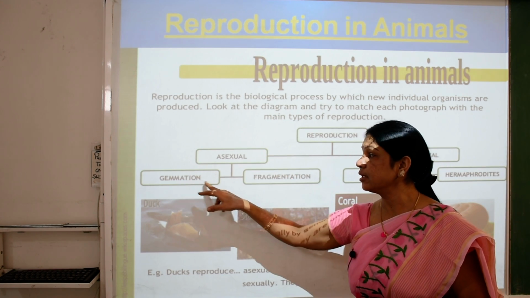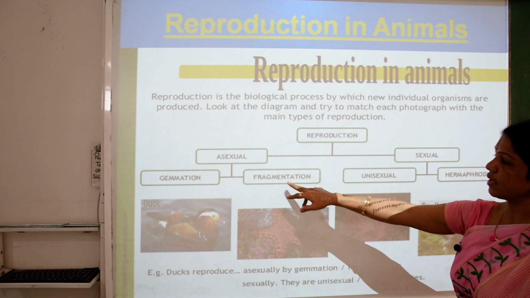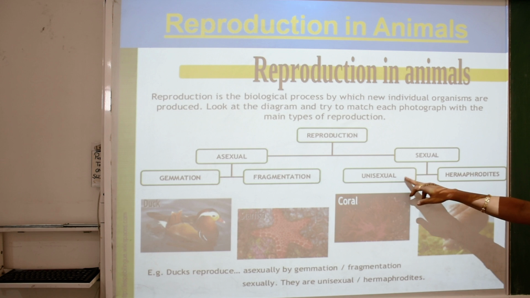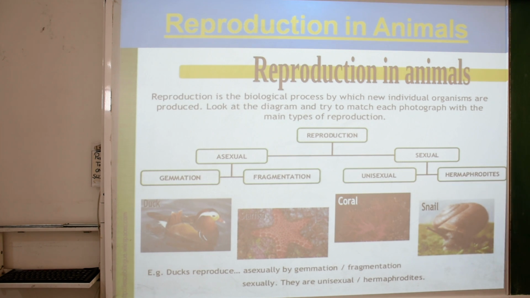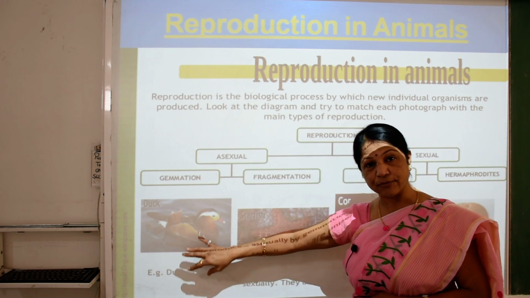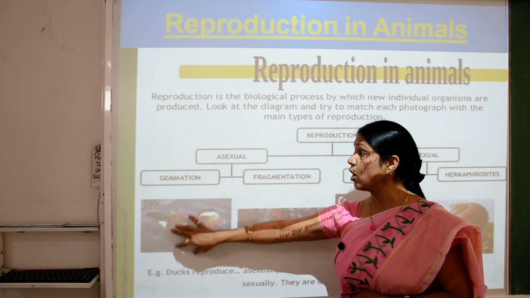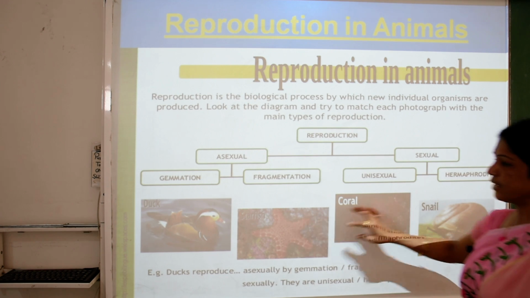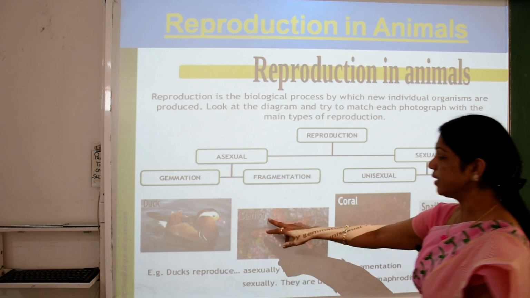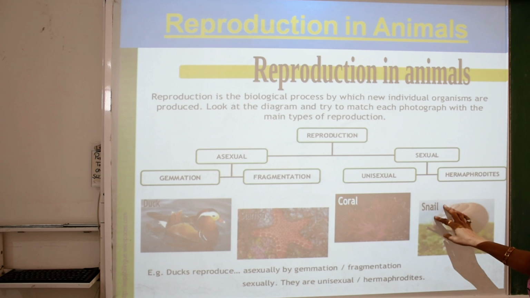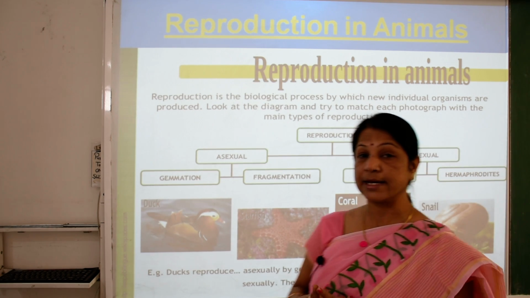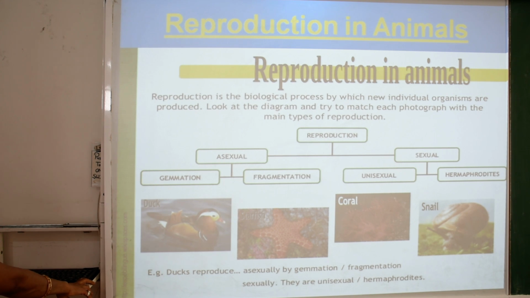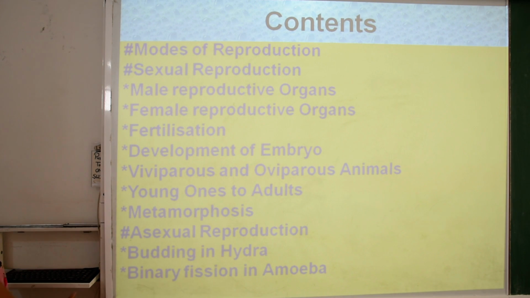Asexual is divided into budding and fragmentation, and sexual into unisexual and hermaphrodites. Here are various examples of sexual and asexual reproduction: the duck, the starfish, the coral, the snail.